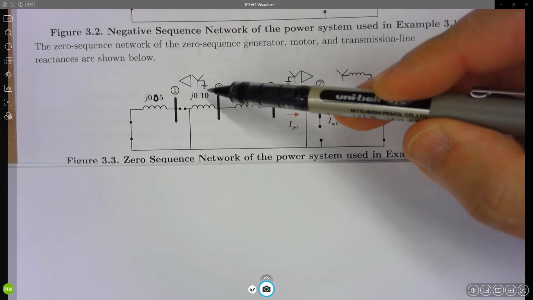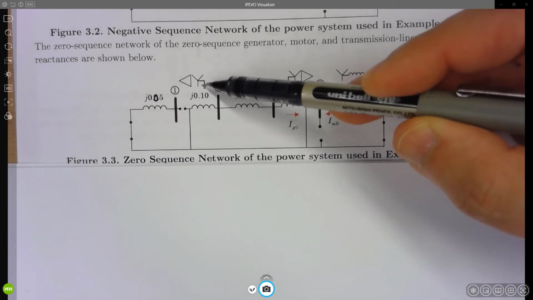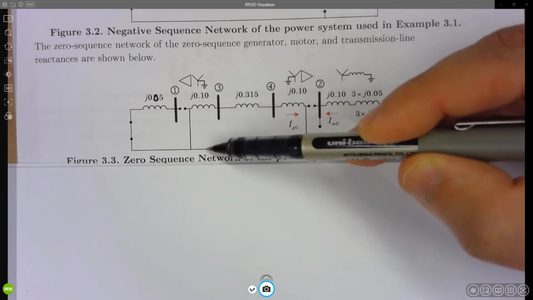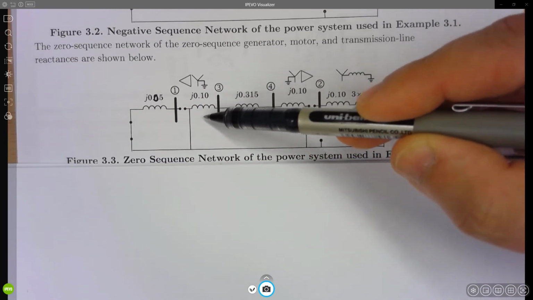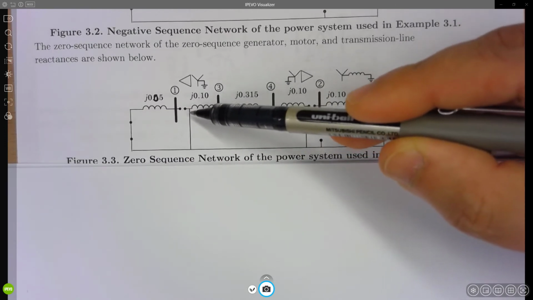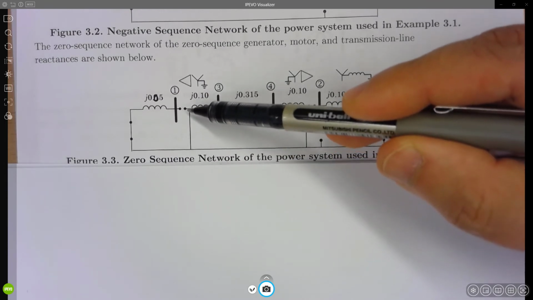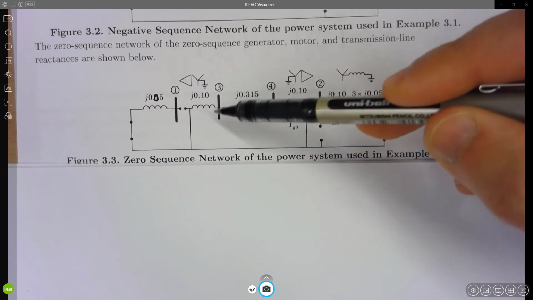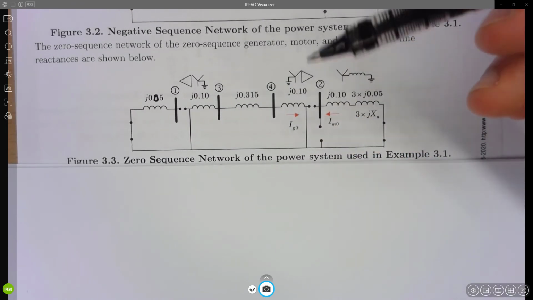But on the other hand, here we have this grounding connection. This is a solid ground, and that is a possibility for zero sequence current to move through. That is the reason that we have this small branch included in the representation of the zero sequence model for this transformer.